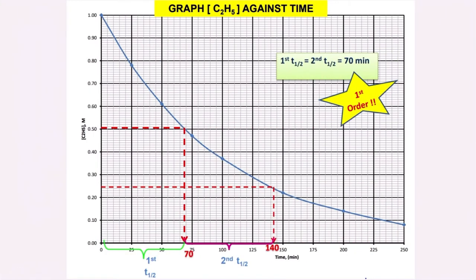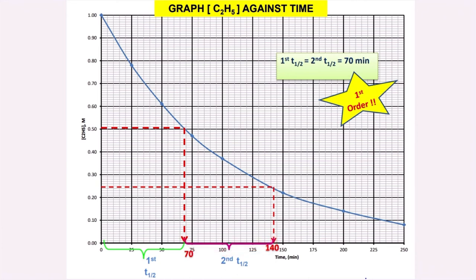Alright. So this is an example, okay, of a graph of C2H5 concentration against time. Okay. So this is the initial concentration of C2H5, okay, and then they halve it, okay, from 1 to 0.5. So this is the first half-life right here, okay, and then the second half-life is this.